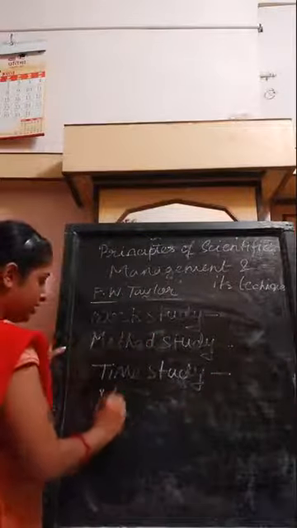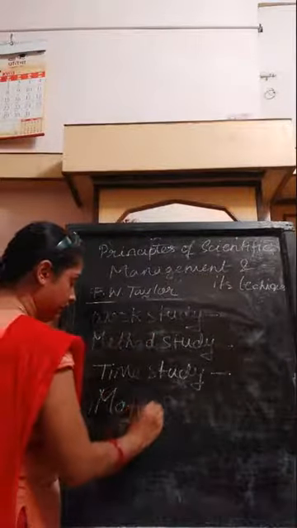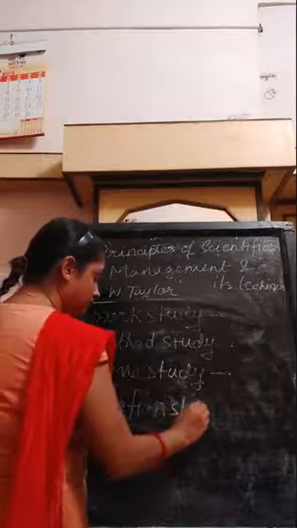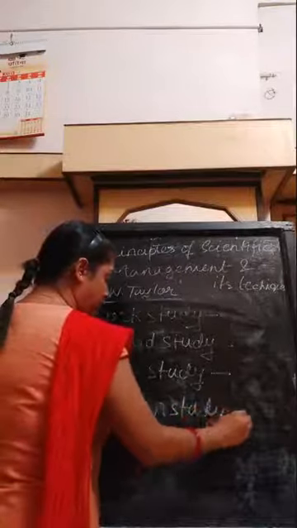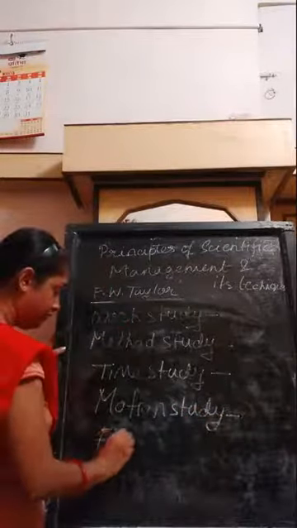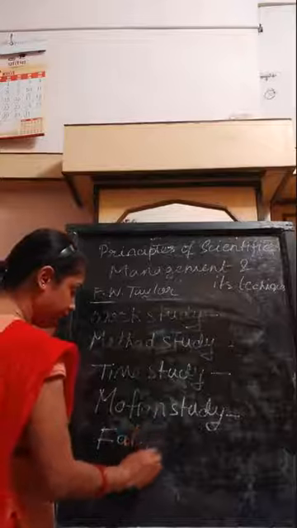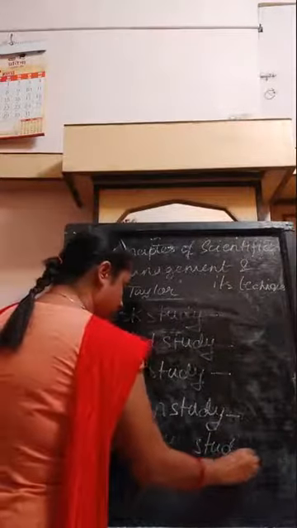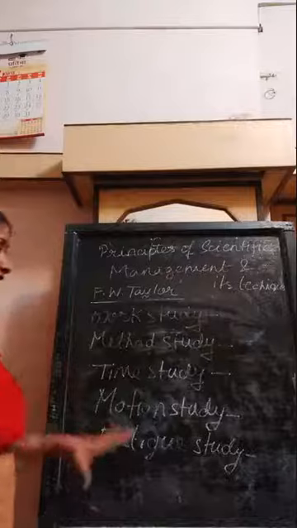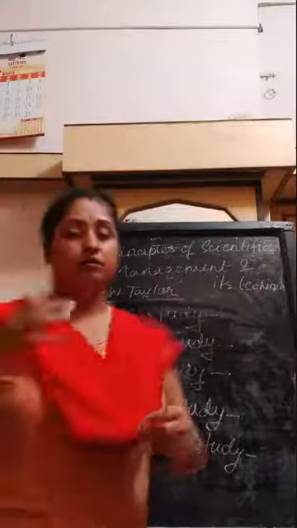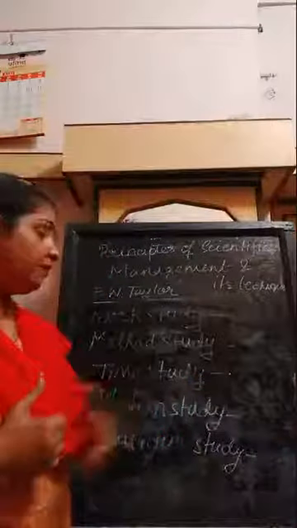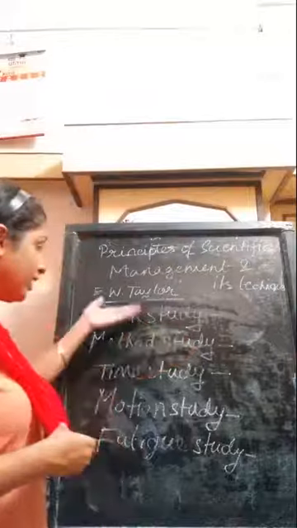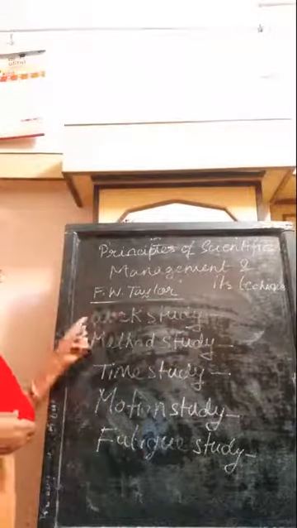Then motion study. And the last one is fatigue study. So these are the 5 techniques adopted for the scientific management. What are those techniques? I'll explain to you one by one.